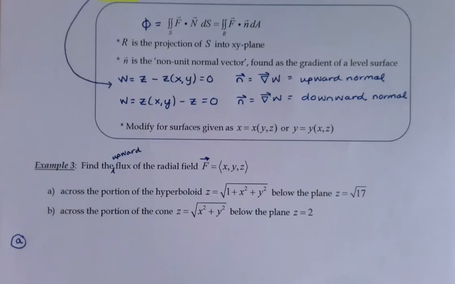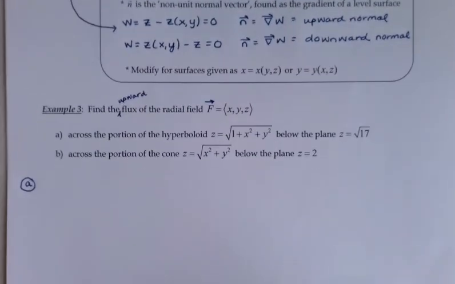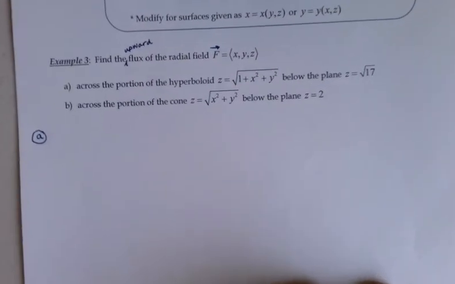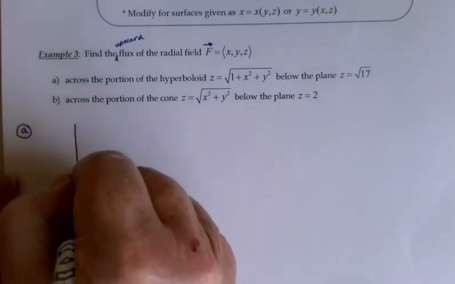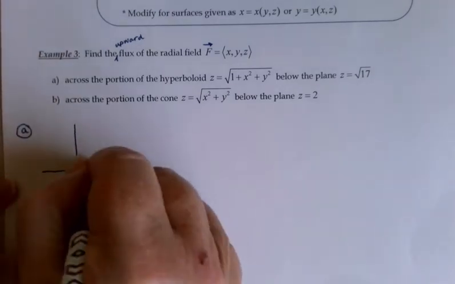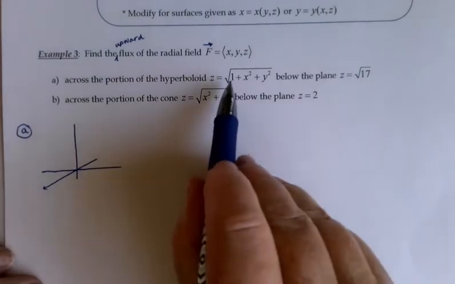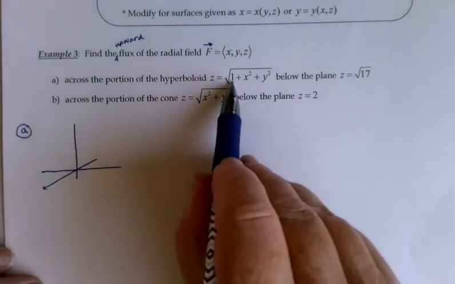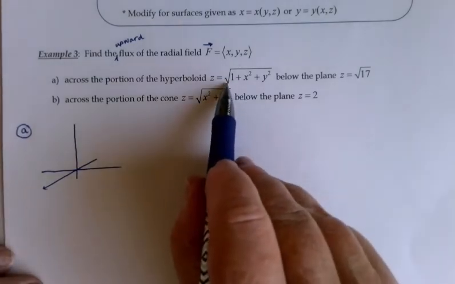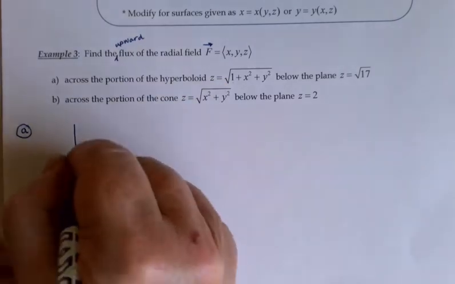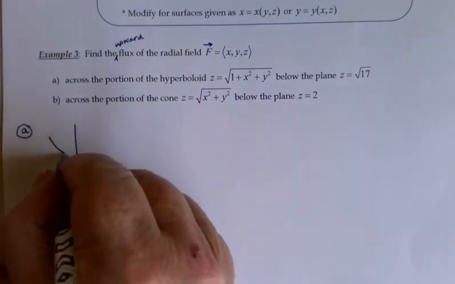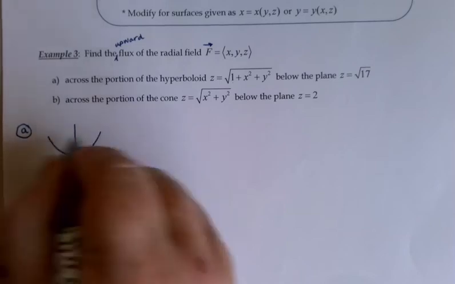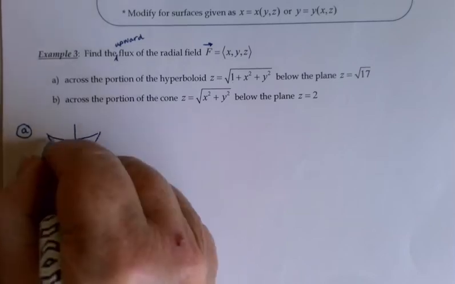All right, so I'm going to give just a quick little sketch here. That's just going to be a hyperboloid of 2 sheets, but we're only looking at the top half, positive square root. Vertex will be at 1. And it'll kind of open like that around the z-axis.